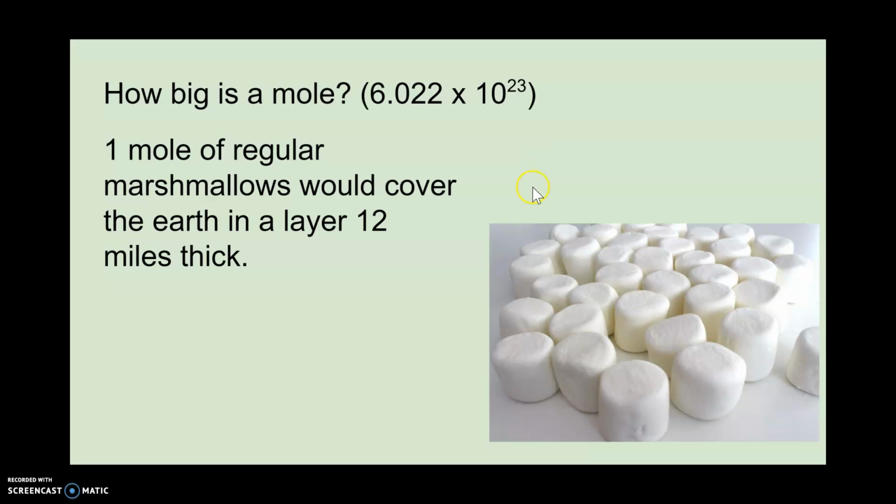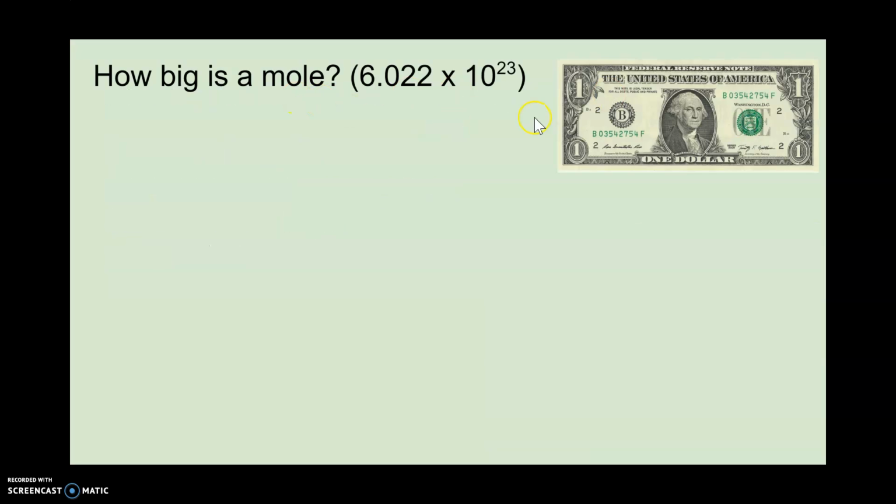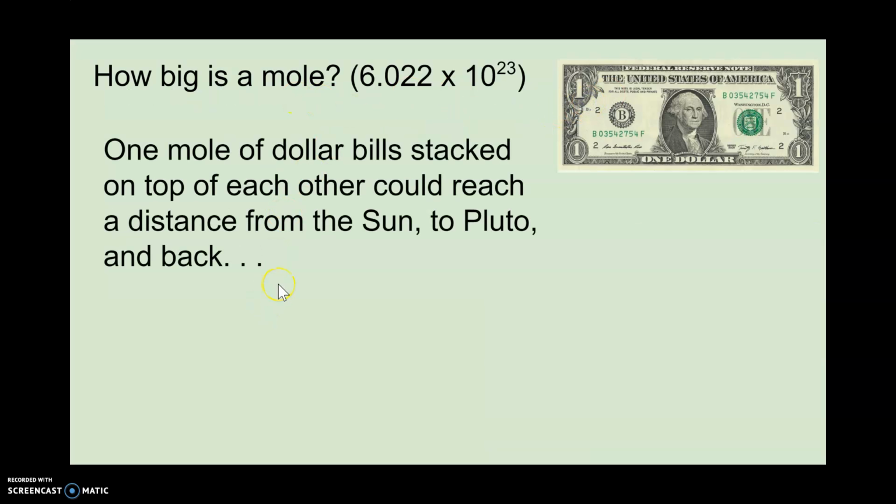We would have the fluffiest layer on the outside of the earth. Tastes pretty good too, I bet. Okay, another idea is 1 mole of dollar bills. So if we have a stack of dollar bills, we put them on top of each other, it could reach a distance from the sun to Pluto and back again if we had 1 mole of dollar bills.